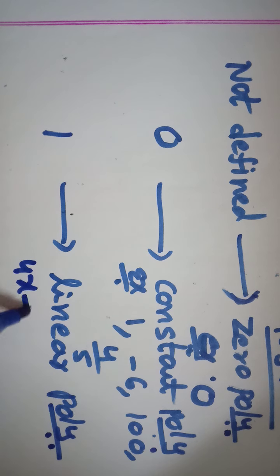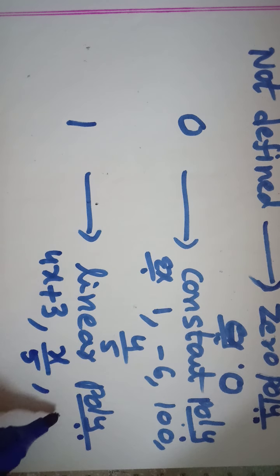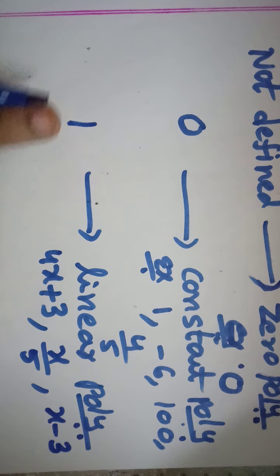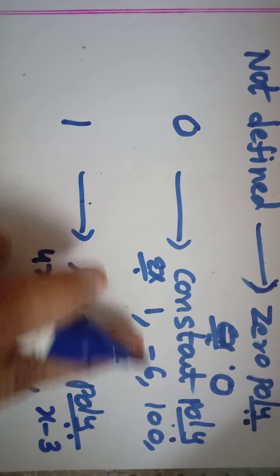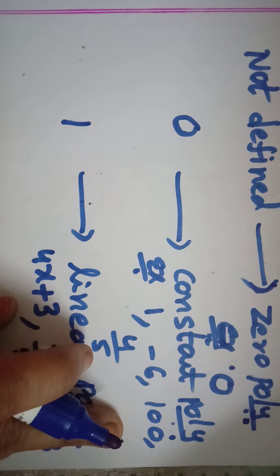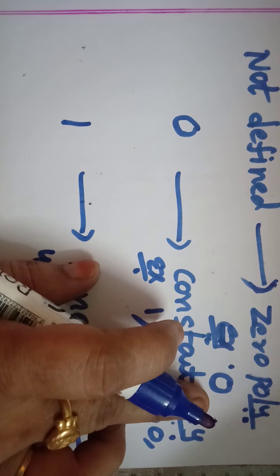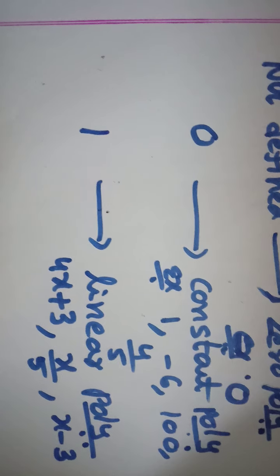For example, 4x plus 3, where x power 1, so the degree of the polynomial is 1. x by 5, here also degree 1. x minus 3, here also degree 1. Constant numbers have x power 0. Only 0 is the example for degree not defined, the zero polynomial.